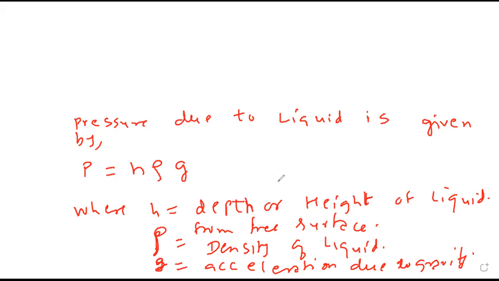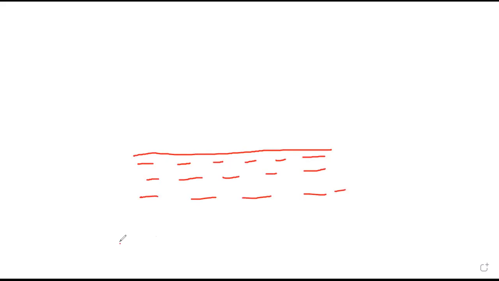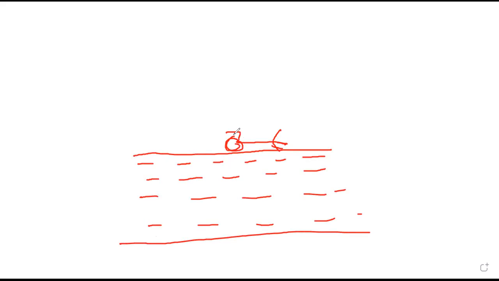Yes, you all have completed writing this. Now, suppose this is the water surface, and then the water level is increasing. If somebody is swimming here, what is the pressure acting on him?